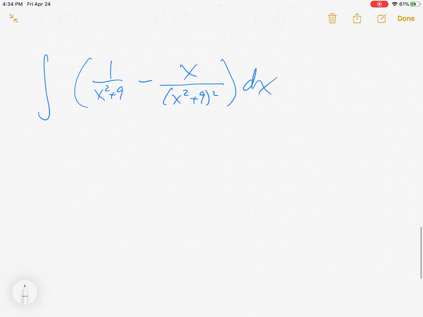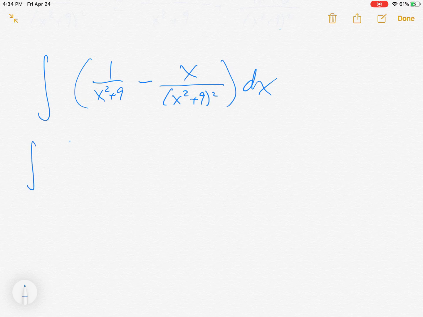Okay, let's put it into our integral. So we have the integral of, we could just call that, 1 over x squared plus 9, and we'll call this minus x over (x squared plus 9) quantity squared dx. There we go. To integrate this, we have a couple of different strategies that are necessary.